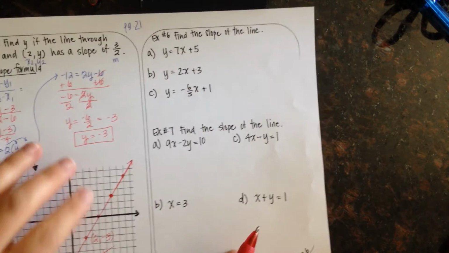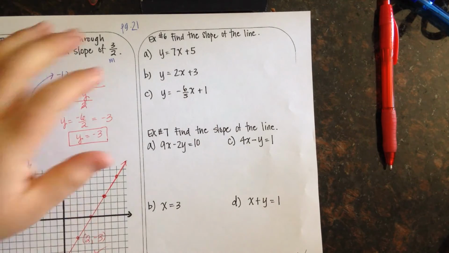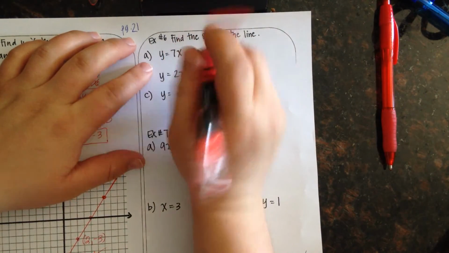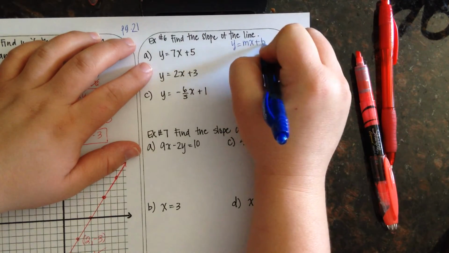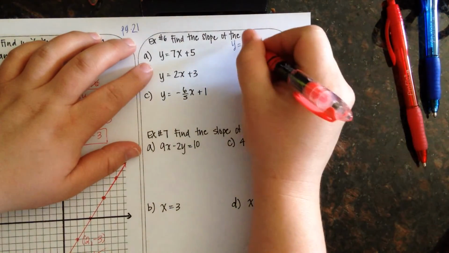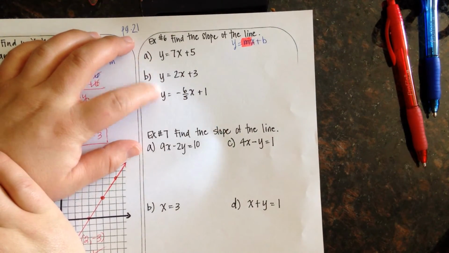Okay, so example 6 is super easy because all of these are in slope-intercept form. If I'm trying to find the slope of the line, and it's in y equals mx plus b, my slope is going to be the value in front of x. Now make sure your y is by itself, which it is in all of these.